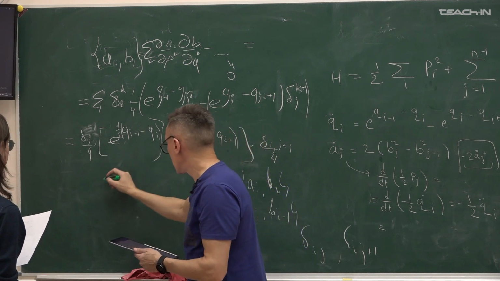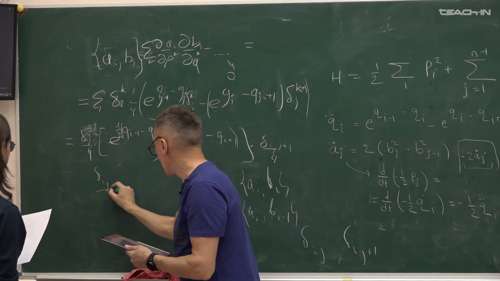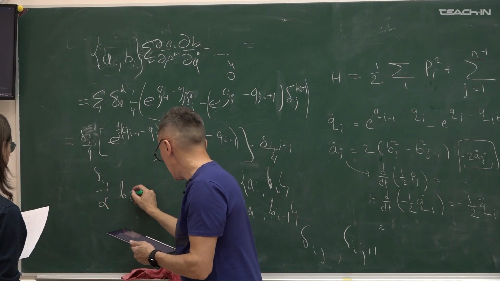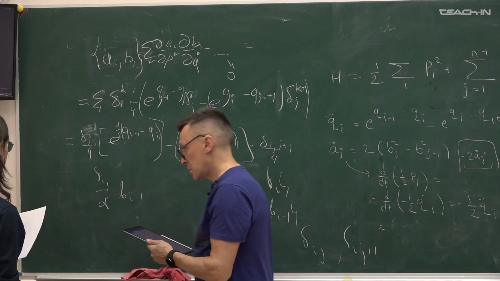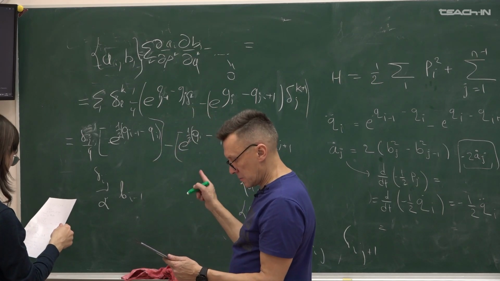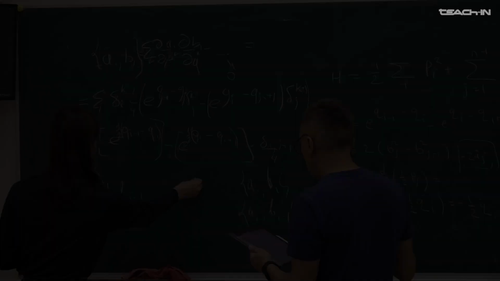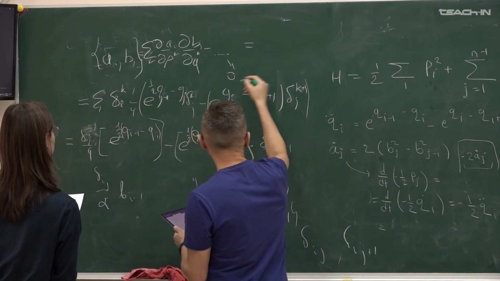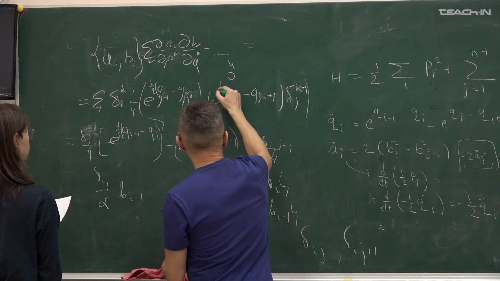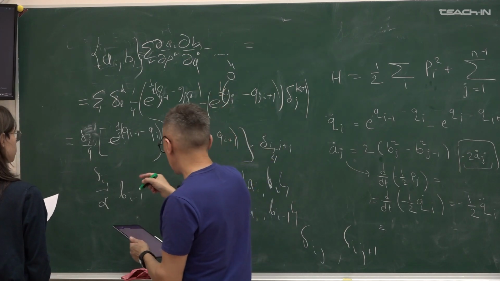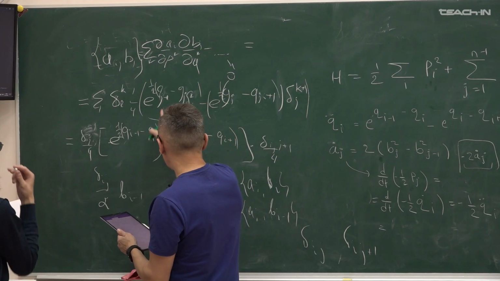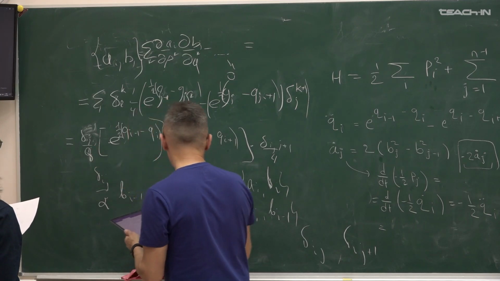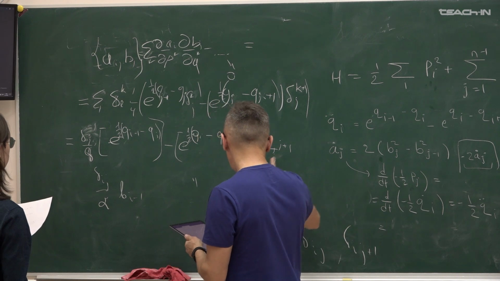And here you have delta J over 2 B I minus 1. Is it right? Yes. You see here else 1 over 2 and 1 over 2, and it means that when you differentiate you get here 1 over 8 and here else.